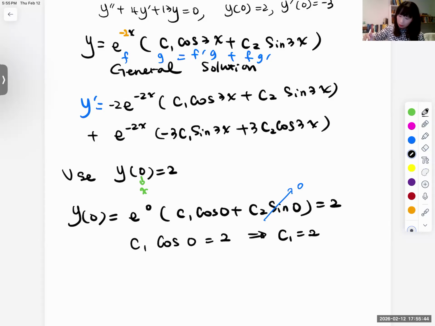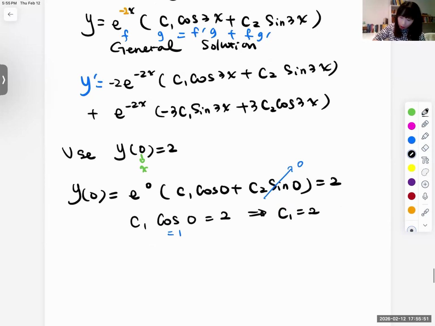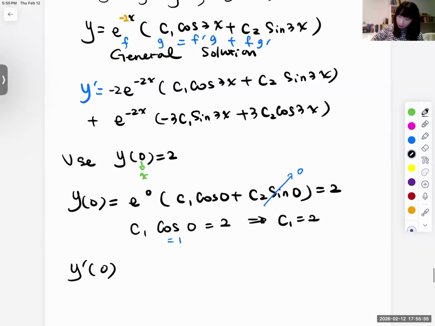Okay, now this is 1. Y prime of 0 is negative 3, right?